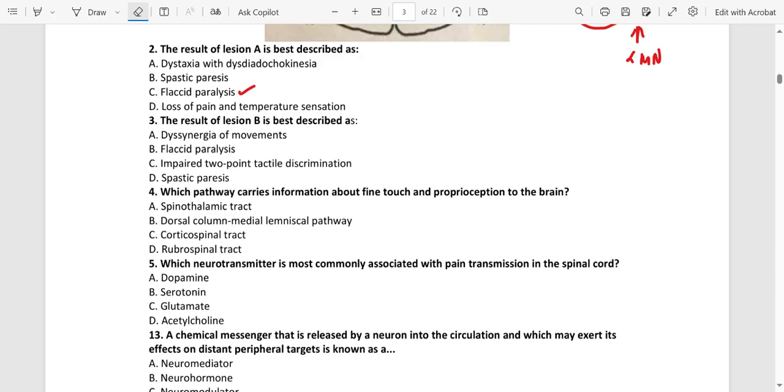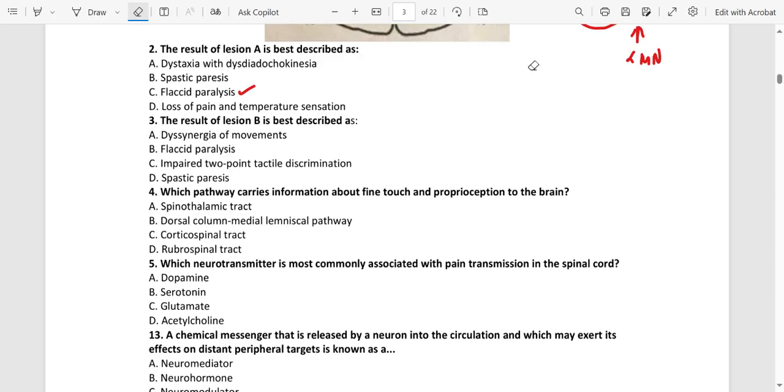And if there is injury, basically you need to understand what is the main function of the corticospinal tract. When there is injury to it, the lesion is going to be that of an upper motor neuron lesion. Why is it so?